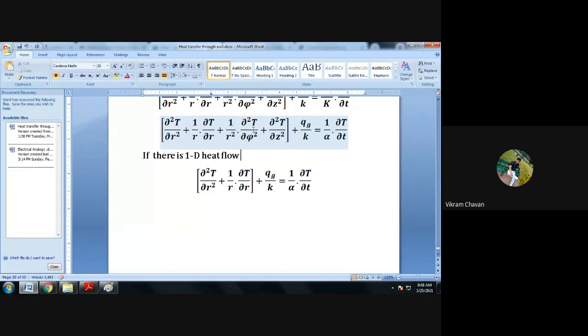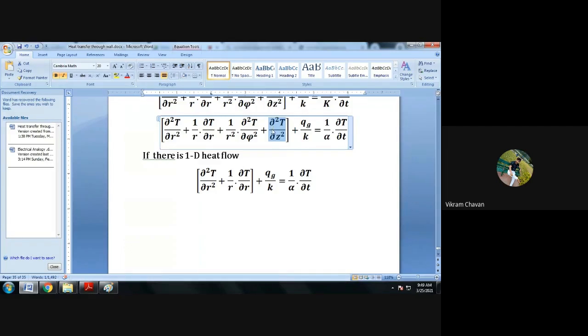There will not be a temperature change with respect to phi, and there will not be a temperature change with respect to z. So these two terms, that is ∂²T/∂φ² and ∂²T/∂z², will become zero.